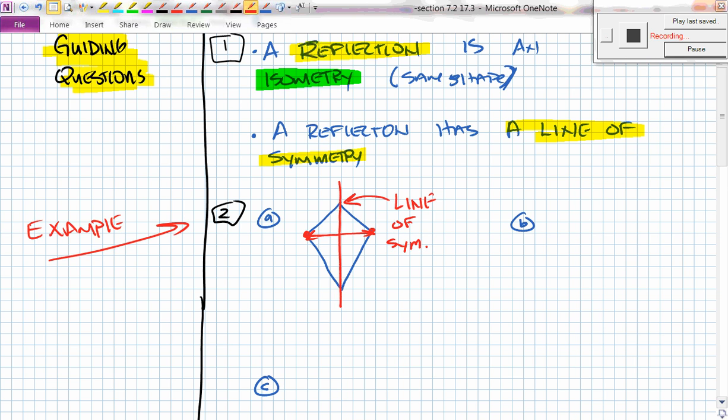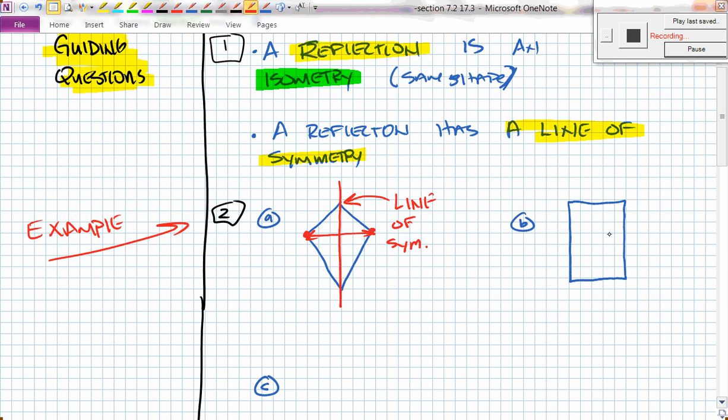Now in part B, let's draw a vertical rectangle. This is a rectangle, not a square. Draw in the lines of symmetry and see how many you can find. Someone says from one corner to the other. Is that actually a line of symmetry?